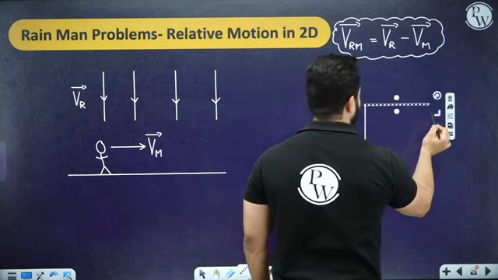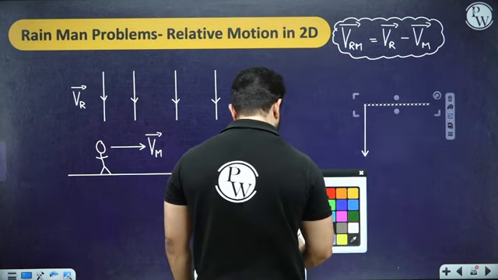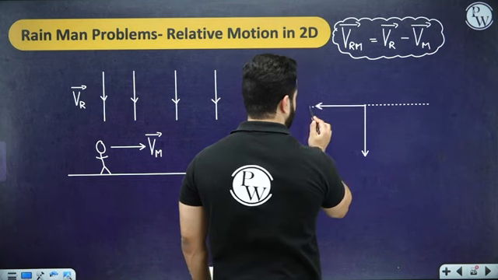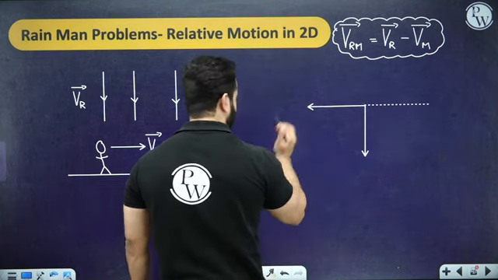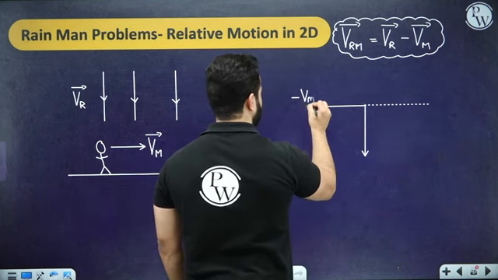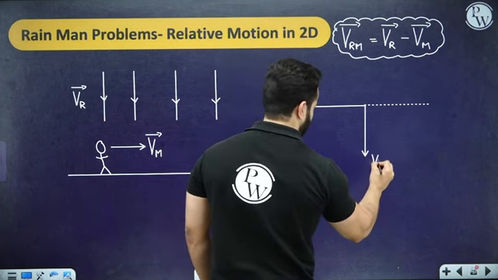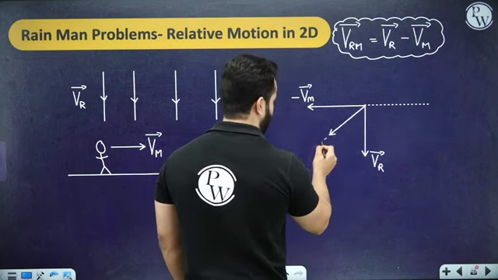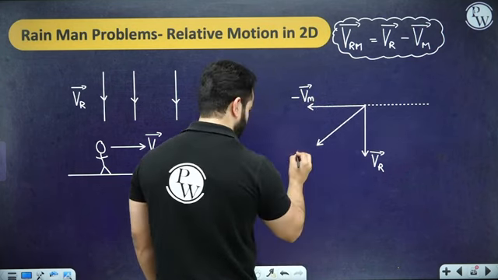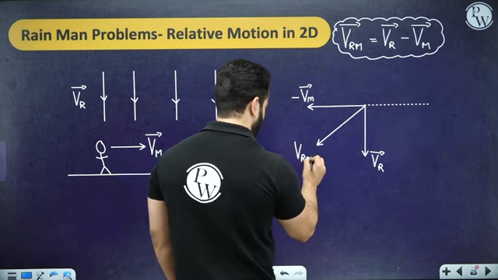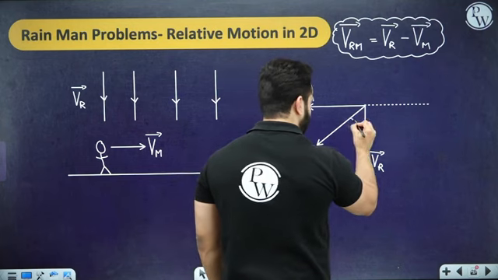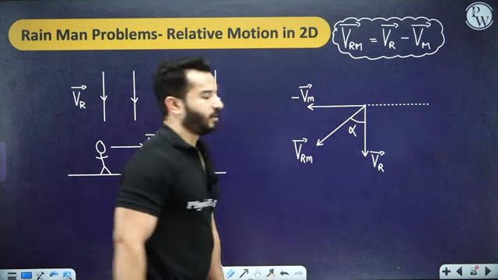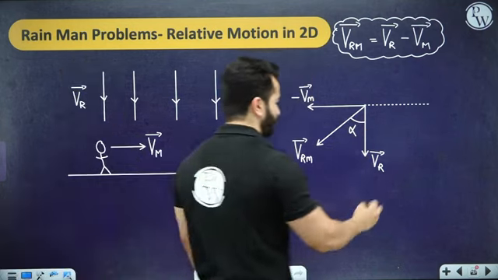But what we need is minus Vm. So we are going to write minus Vm, something like this. And this is going to be your vector Vrm. And this is going to be the angle at which the person must hold the umbrella.